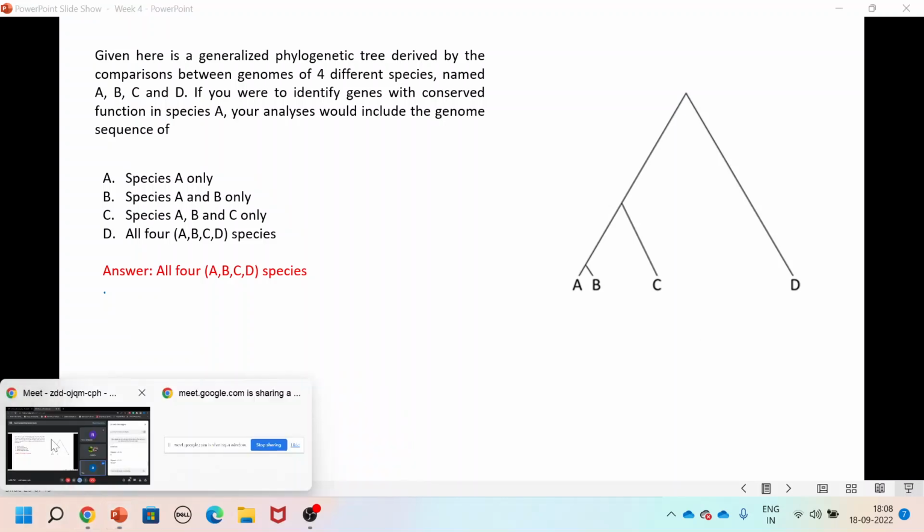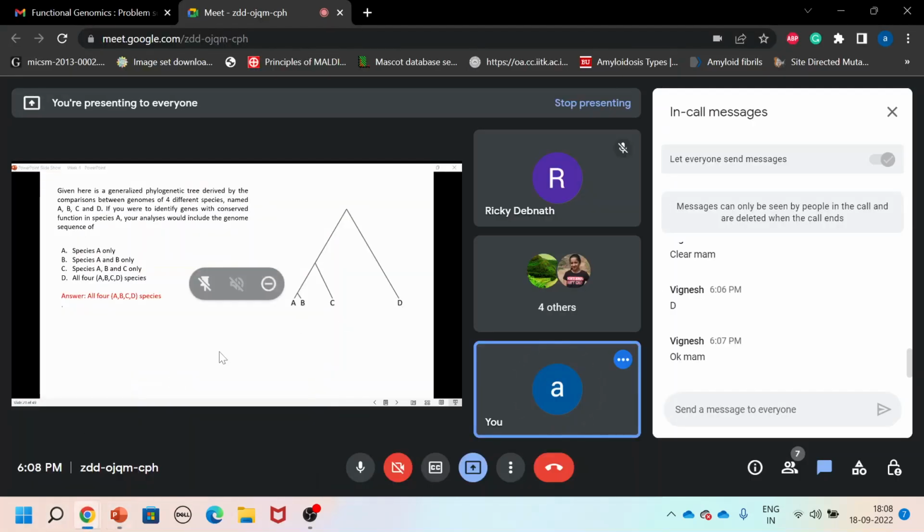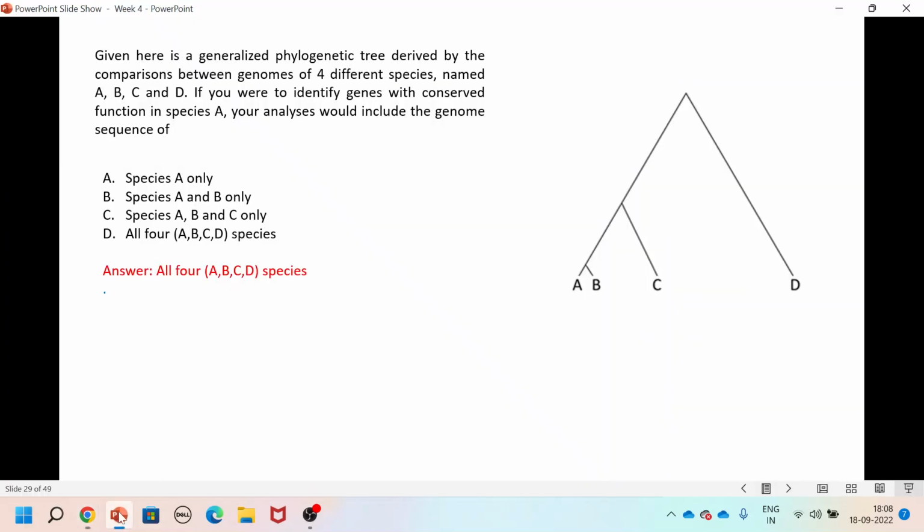So the correct answer is that if I want to see which gene is conserved in species A, I should analyze the sequences of all the species A, B, C, and D, and then align those genome sequences. By checking the percentage similarity, I can see which region is highly conserved.